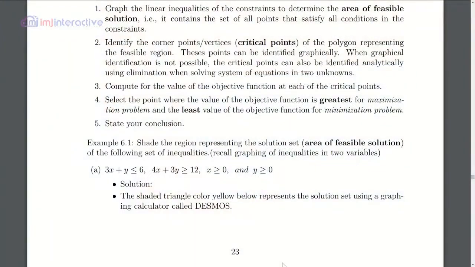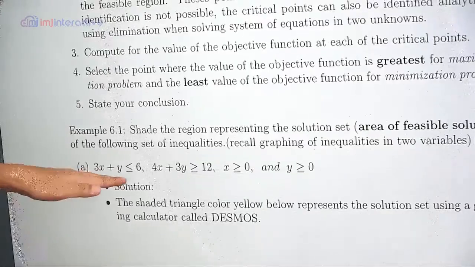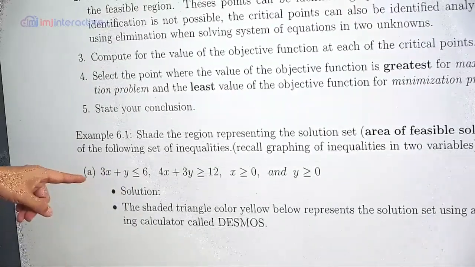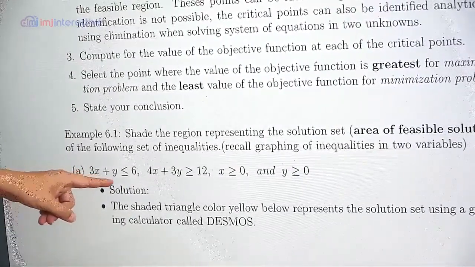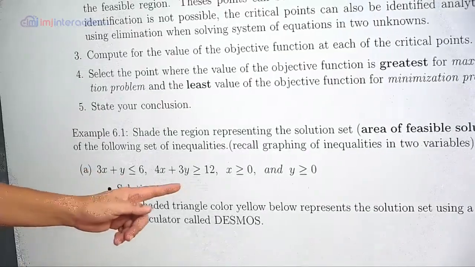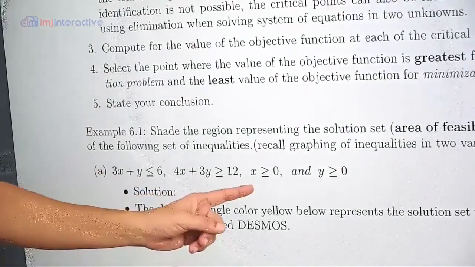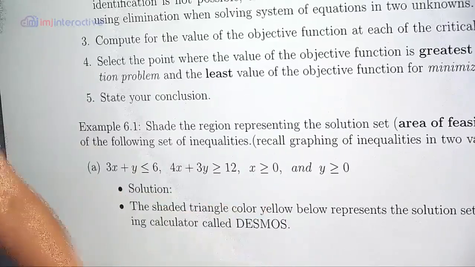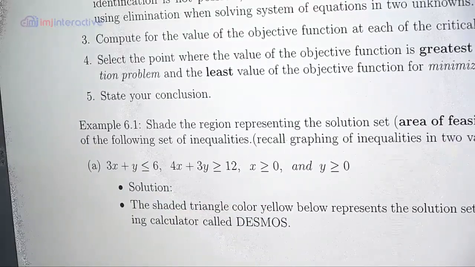So here we try to recall what you have learned in high school when you are asked to graph inequalities involving two variables. So these are usually the constraints. They are expressed in this manner. So here are the constraints. 3x plus y is less than or equal to 6, 4x plus 3y is greater than or equal to 12, x is greater than or equal to 0, and y is greater than or equal to 0.